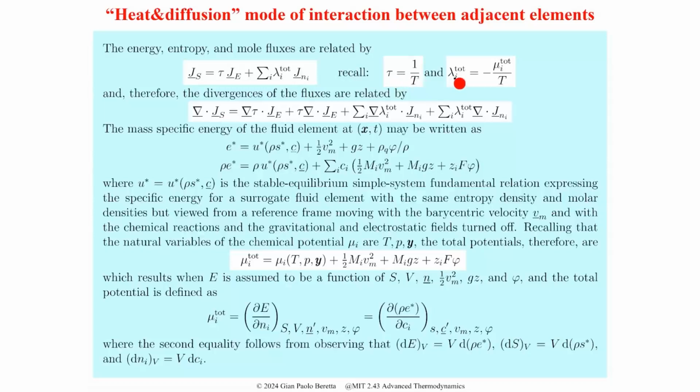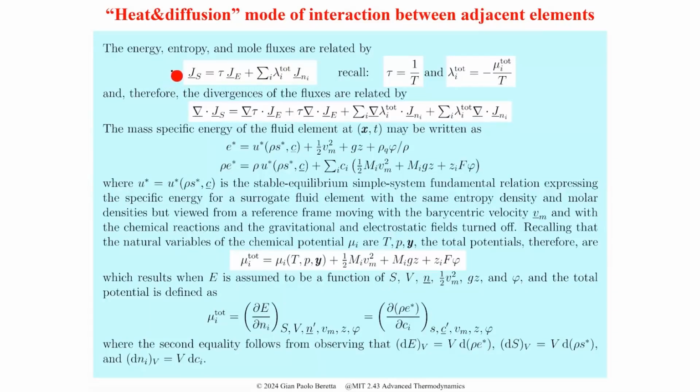And also lambda J denotes minus the potential over T. So we use lambda or lambda tot for the chemical potential or the total potential. And so the relation between energy, entropy, and N can be written this way.